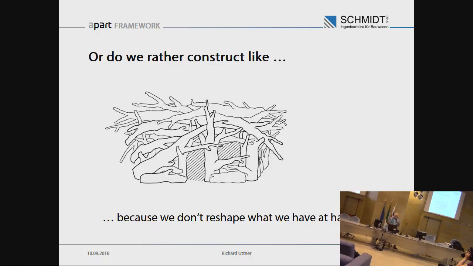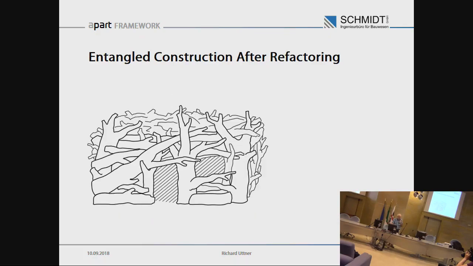And if you started like that, you will not easily get to a construction like we saw before. That's almost impossible. But anyway, you try to refactor and reshape and correct the construction, but what you will end up with is more like this picture here. So it's not a good construction.